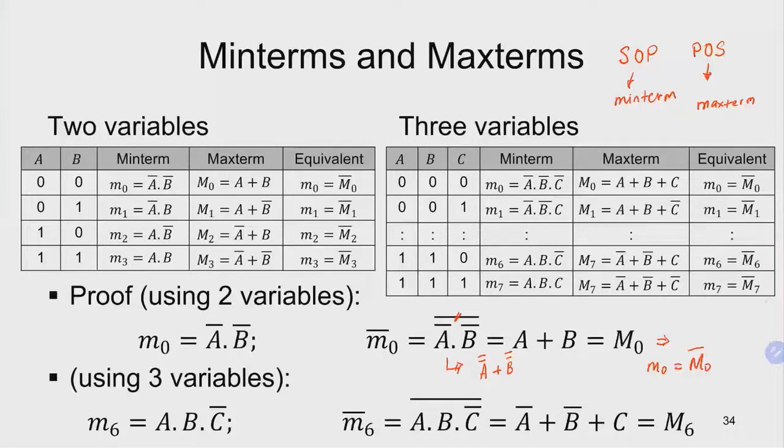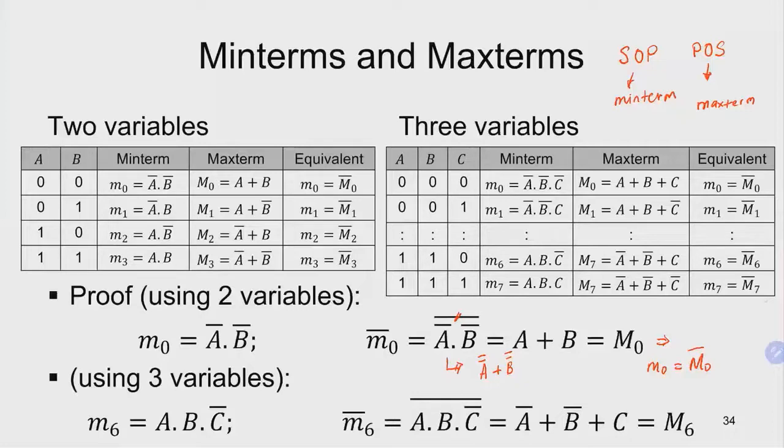And then the maxterm is the sum of the two variables. So again, the equivalence of the min and the max is that the minterm is equal to the inverse of the maxterm.